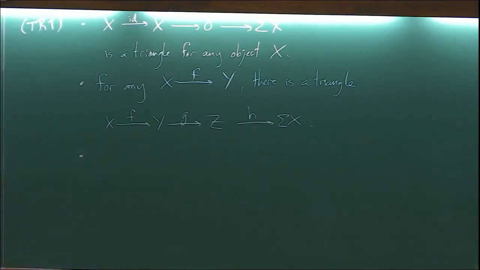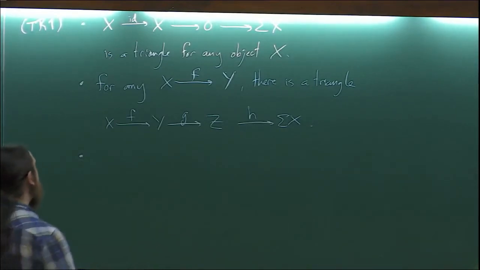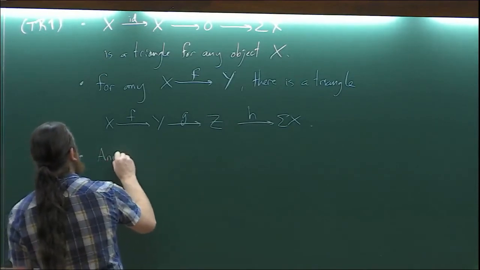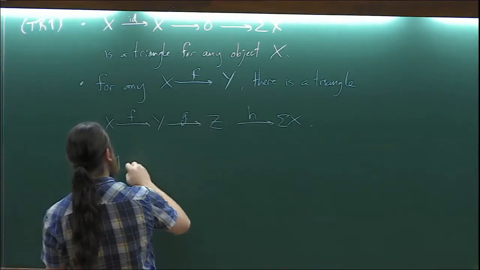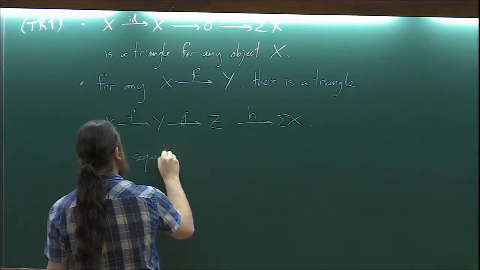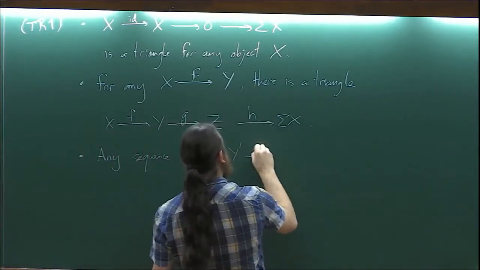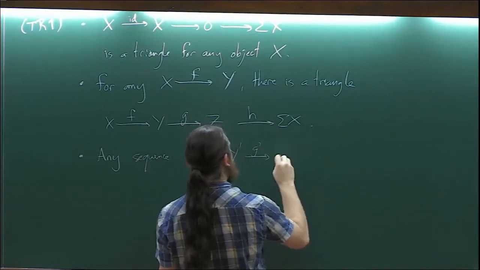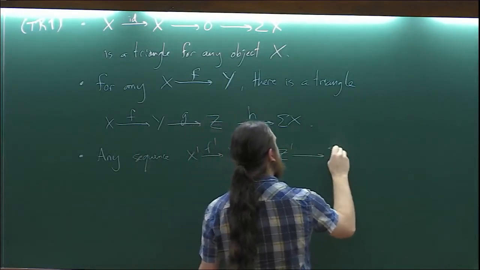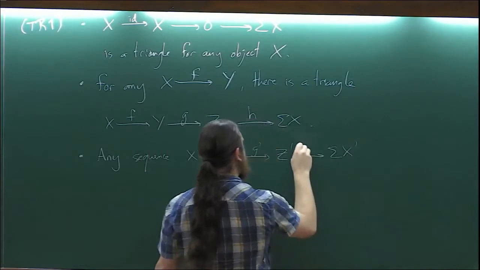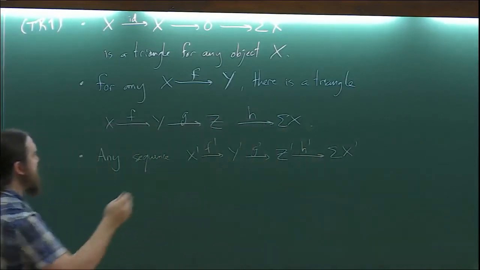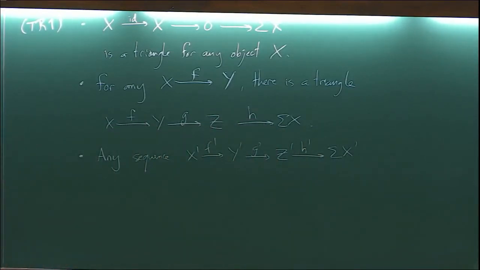And the second thing, somehow the class of triangles is stable under isomorphisms. So if you have any other sequence of the following form, X prime goes to Y prime, goes to Z prime, goes to the suspension of X prime, and if such a sequence is isomorphic to a triangle, then it is a triangle.